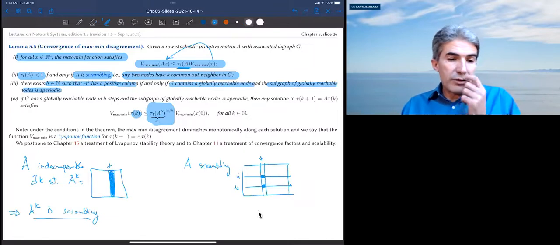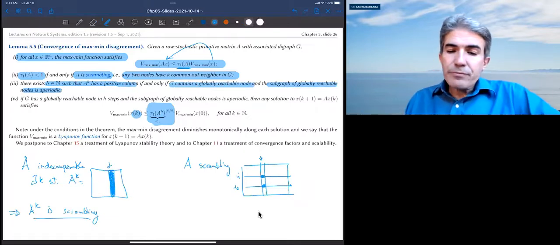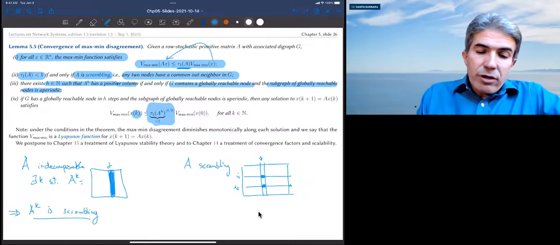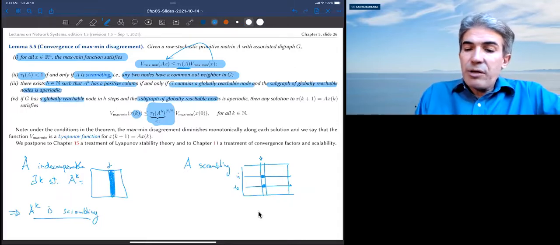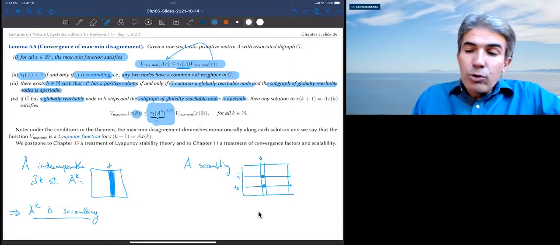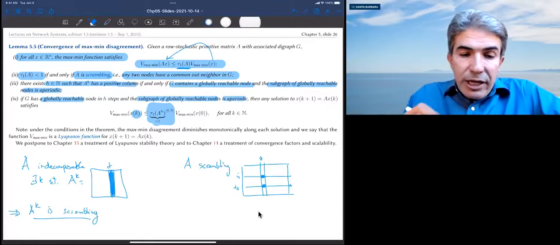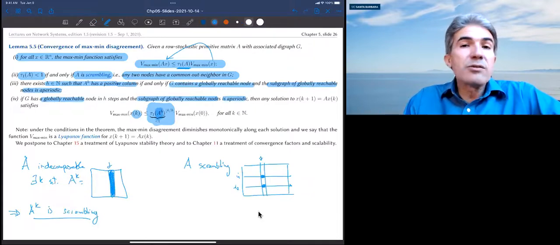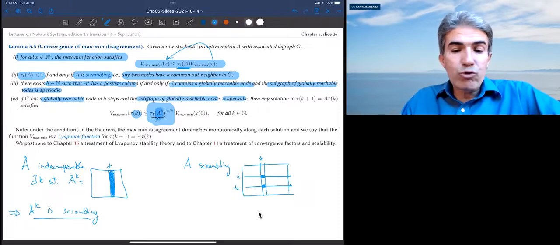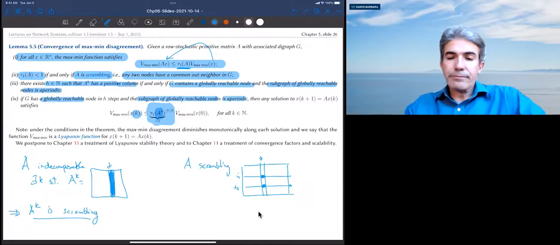So if I have a globally reachable node and the subgraph is aperiodic, then I know that A to the h is scrambling, which means that tau 1 of A to the h is less than 1, and then I can take multiple powers, and that will be going to 0 exponentially fast.